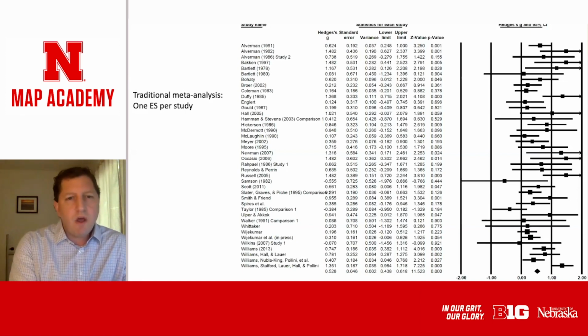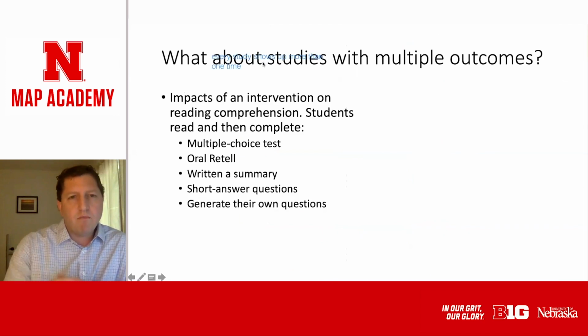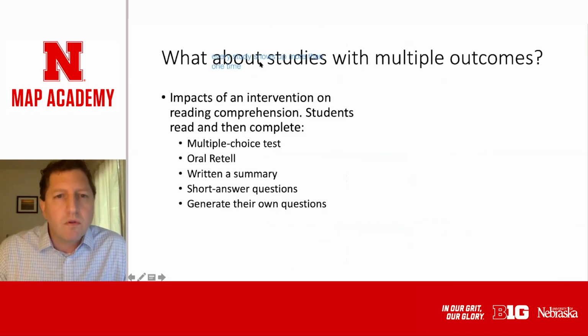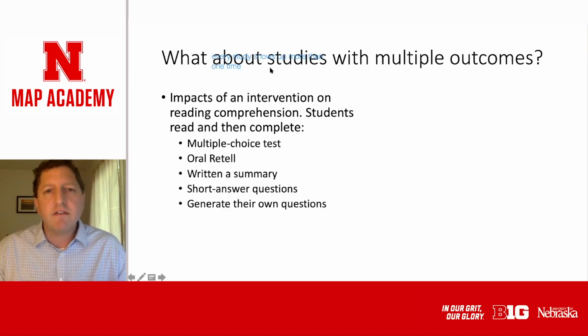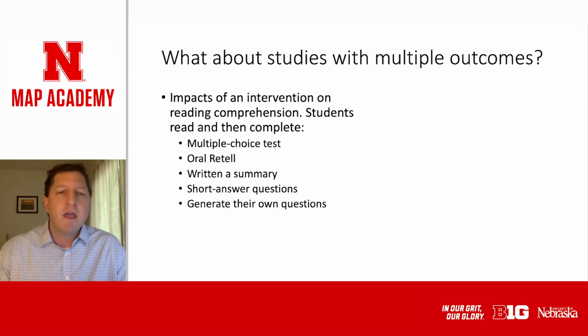But we know that is not always realistic. Let's see, there's something on my screen that I didn't anticipate being there. But anyway, we know that there are a lot of studies that have multiple outcomes, right? So it's unrealistic to say there's only a single outcome with the study.